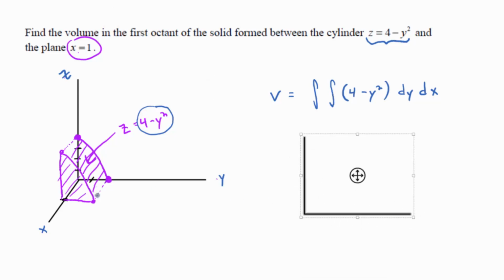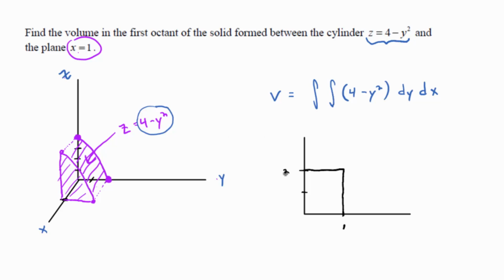Does everybody see the rectangle? The scaling is a little distorted. It actually goes to 2 on the y-axis, right? And then 1 on the x. So if I get the scaling closer to accurate, although it's still not the same on both axes, we have this sort of rectangle, right?